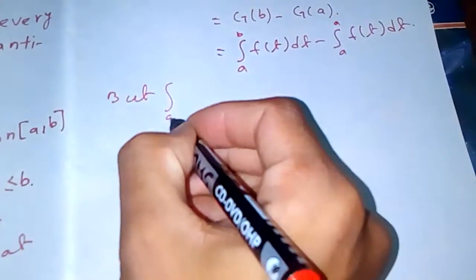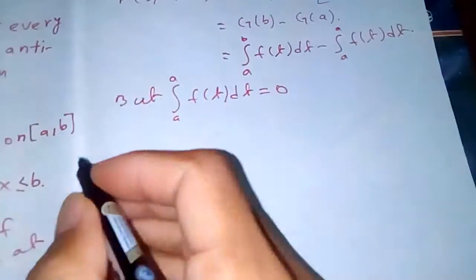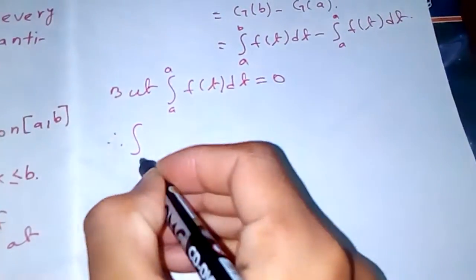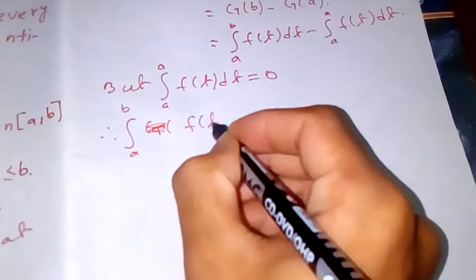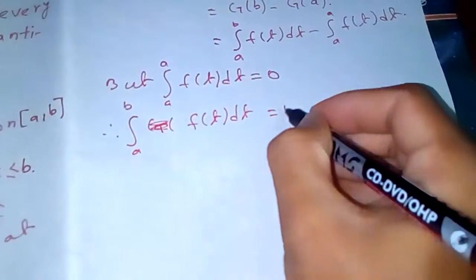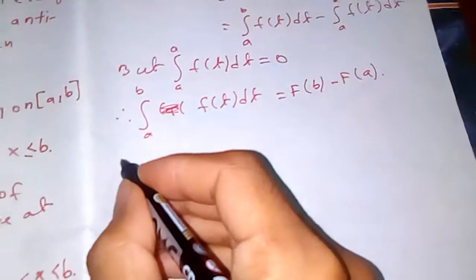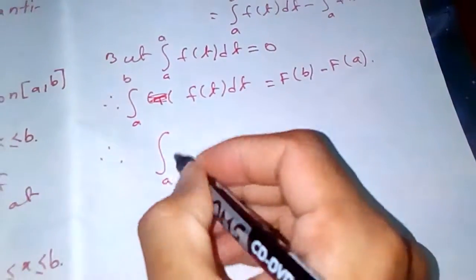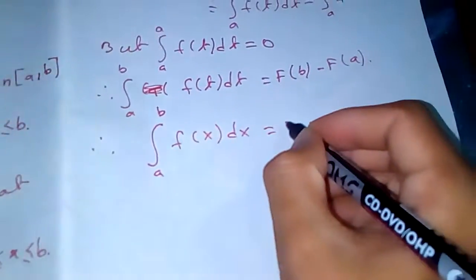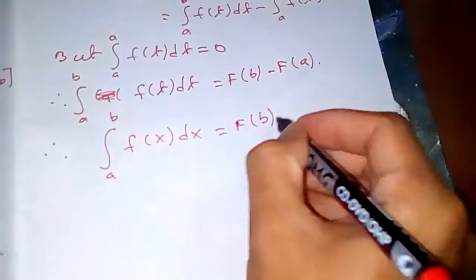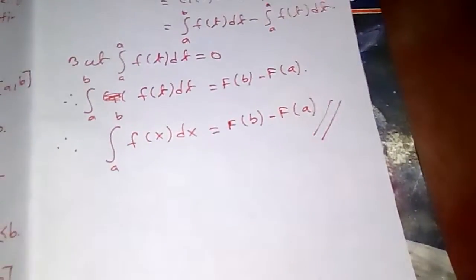But the integral from a to a of f of t dt is 0. Therefore we can conclude that the integral from a to b of f of t dt is equal to F of b minus F of a. Or in other words, I can write the integral from a to b of f of x dx is F of b minus F of a. So this proves our fundamental theorem.